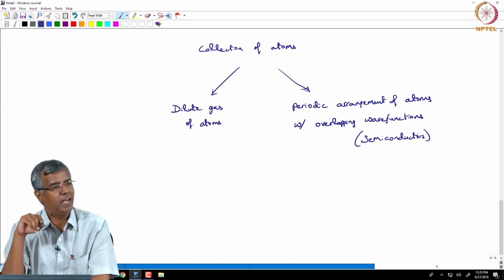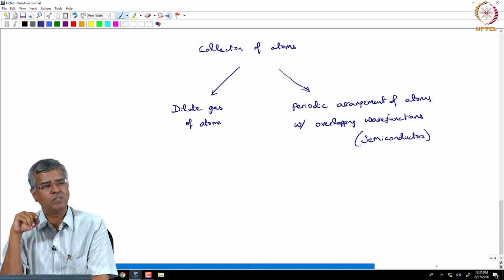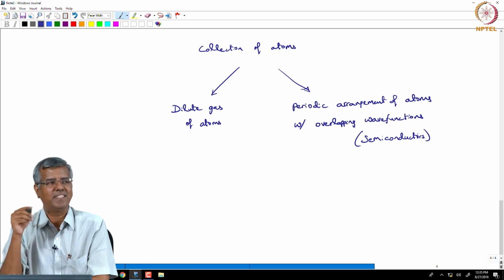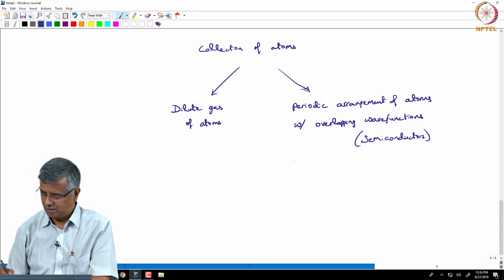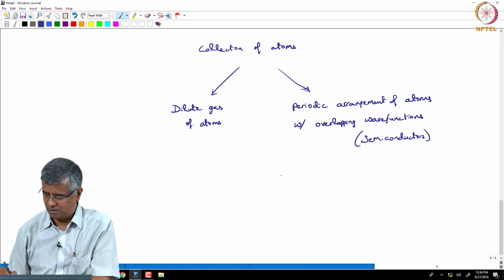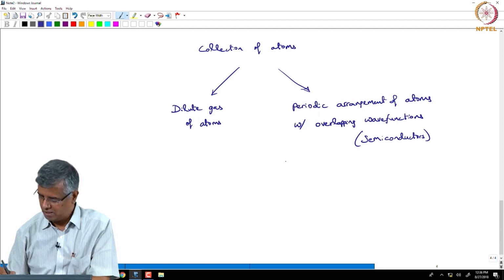What is the effect of that? Because of this, what do you have in semiconductors? A particular characteristic of semiconductors. Band gap, right? You have this concept of band gap coming into the picture based on the periodicity with which the potential wells are located, and this overlapping of wave functions.